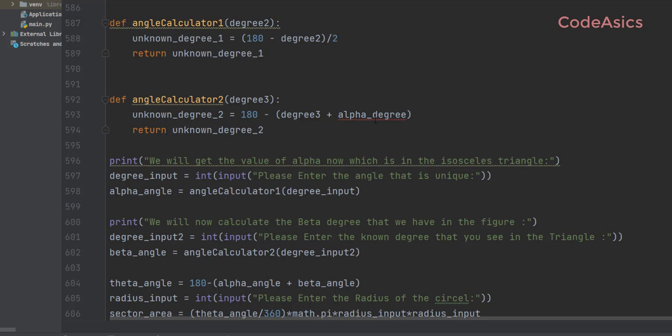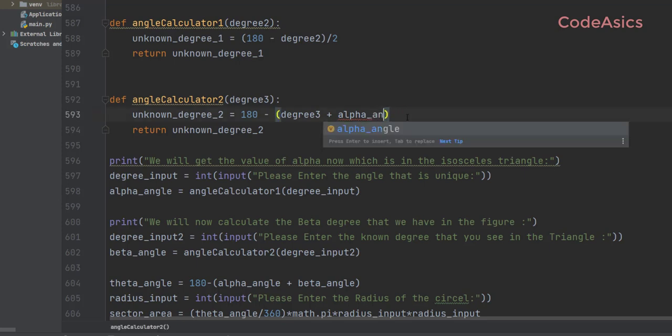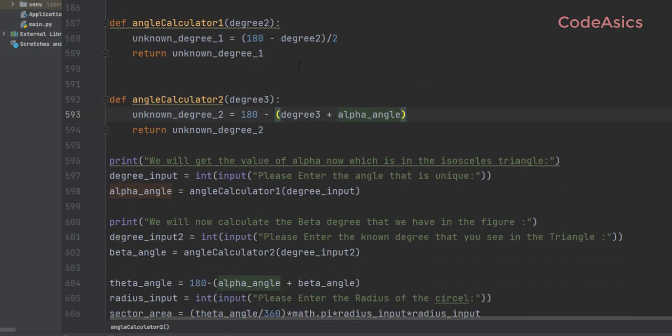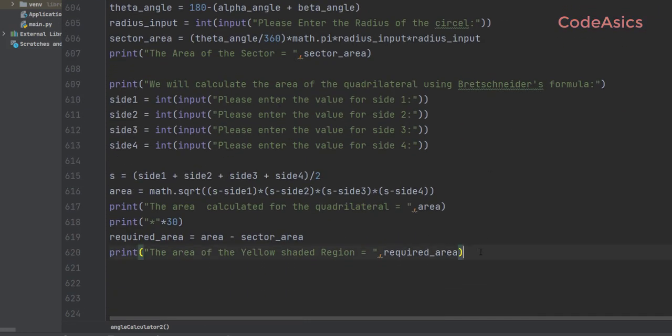Now I see that I have changed it into alpha angle, and that has to be placed there. So this is the code. We calculate alpha, we calculate beta, and so on and so forth. So I'm saving it, and then I'll run it.